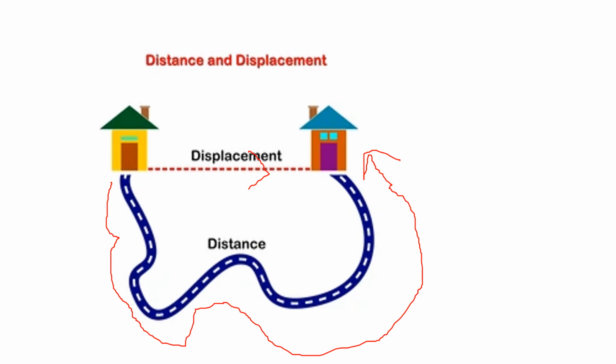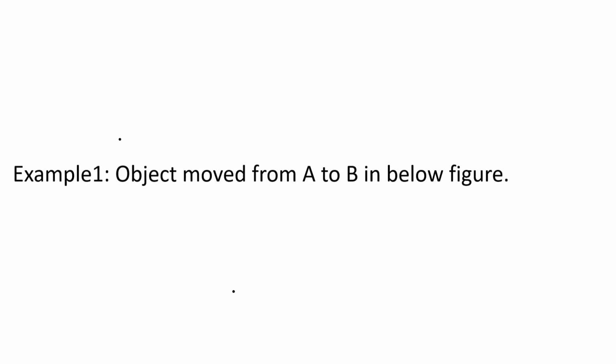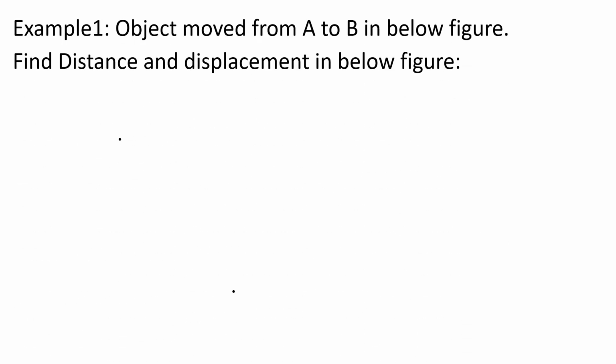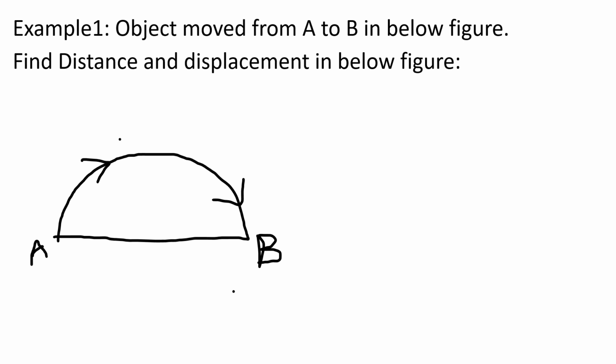Let us take some examples and explain what is distance and what is displacement. We will calculate distance and displacement. Example 1: an object moves from A to B in the figure below. We need to find the distance and displacement. The object moves from A to B in a circular form.